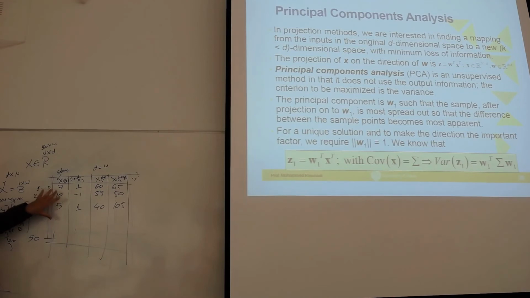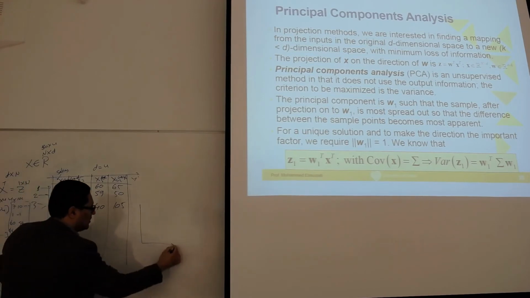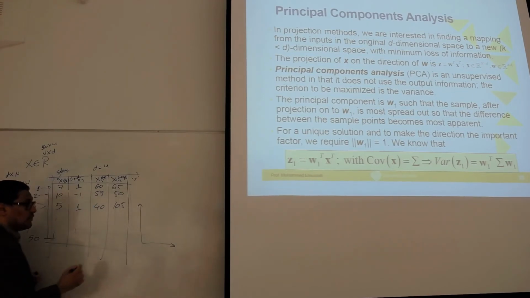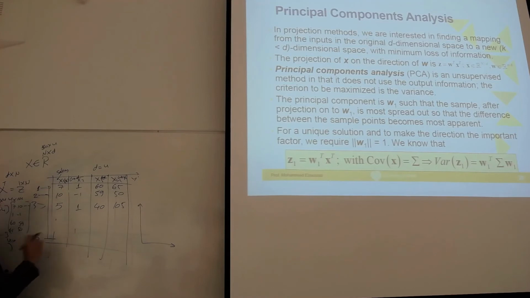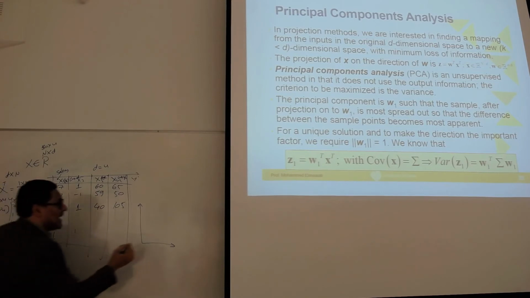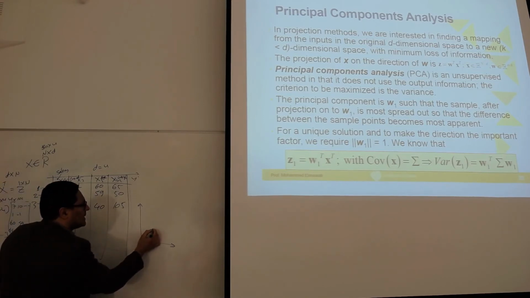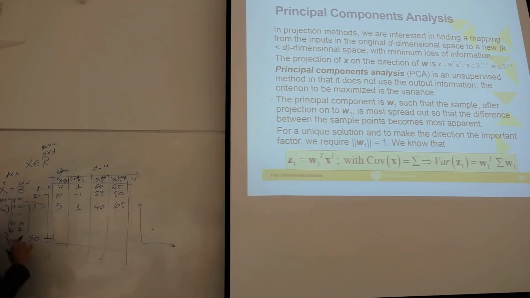If you project this matrix into a number, let's say we have a 2-dimensional matrix, and you project it to only 1 number, we will have the same number of samples.